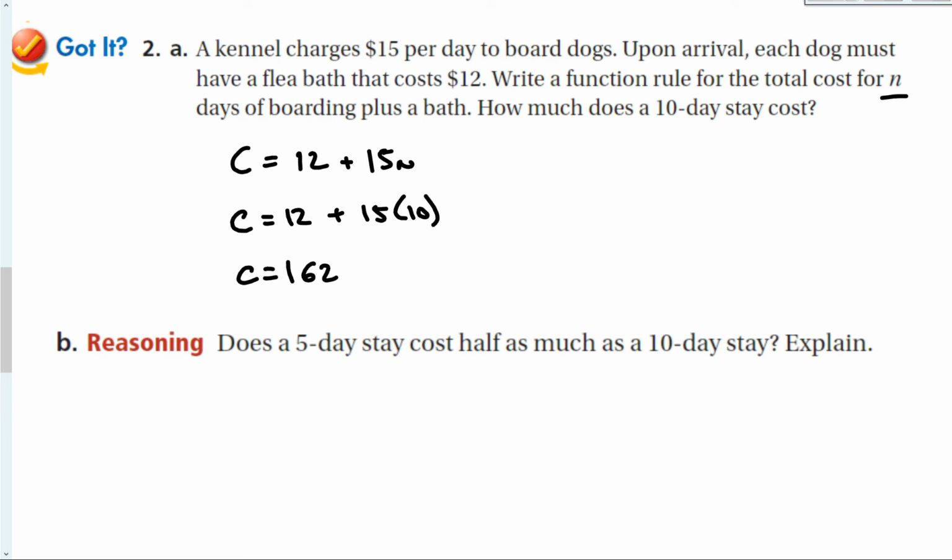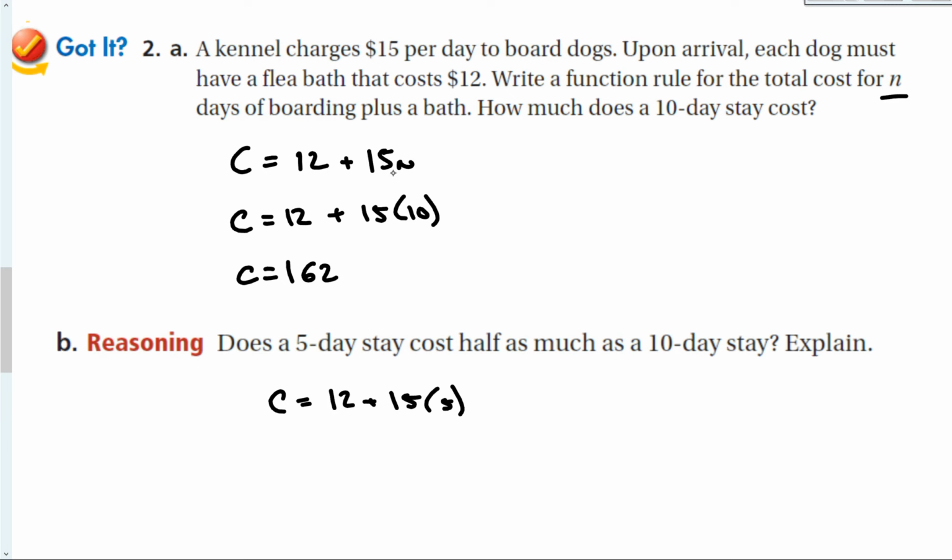Does a 5-day stay cost half as much as a 10-day stay? Not quite. Close, but half of 162 would be $81. Okay, but a 5-day stay is going to cost 12 plus 15 times 5.